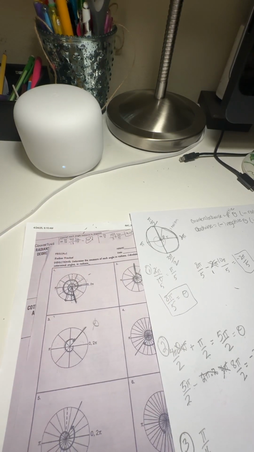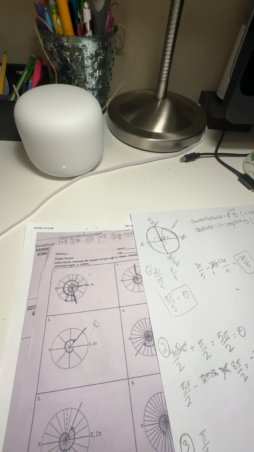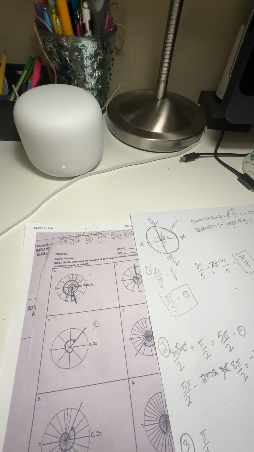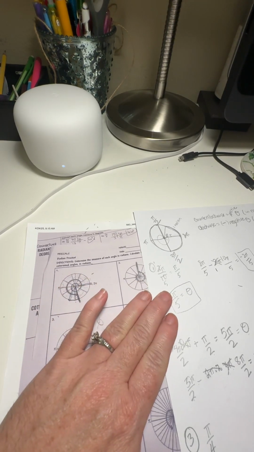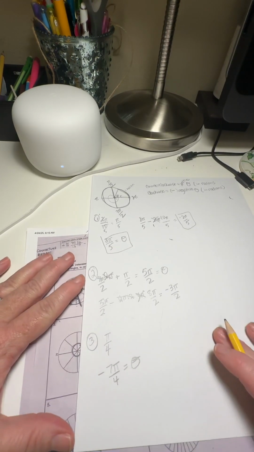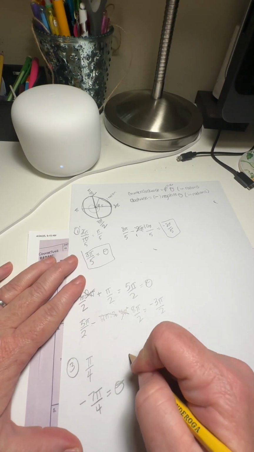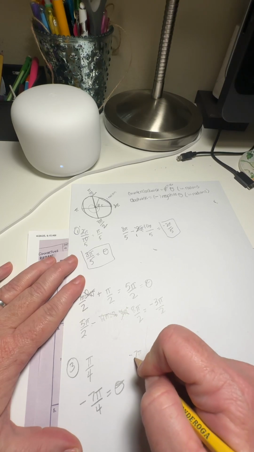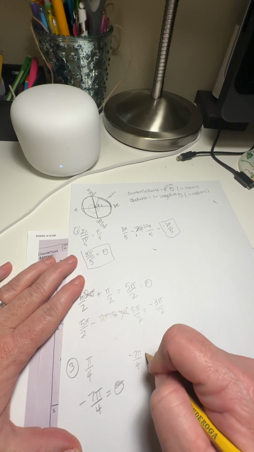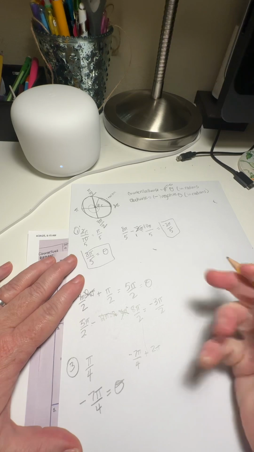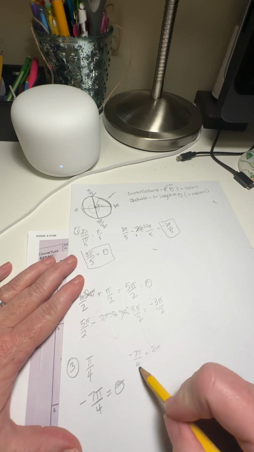Now, to find the coterminal angle of that, we are going to add 2 pi. So if we take negative 7 pi over 4 and we add 2 pi, now remember, we have to get a common denominator.